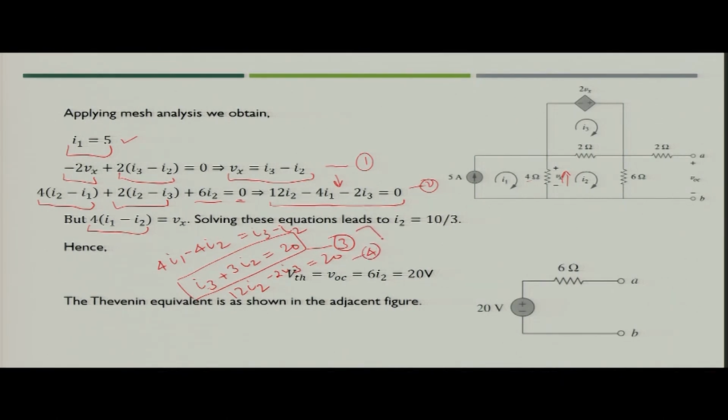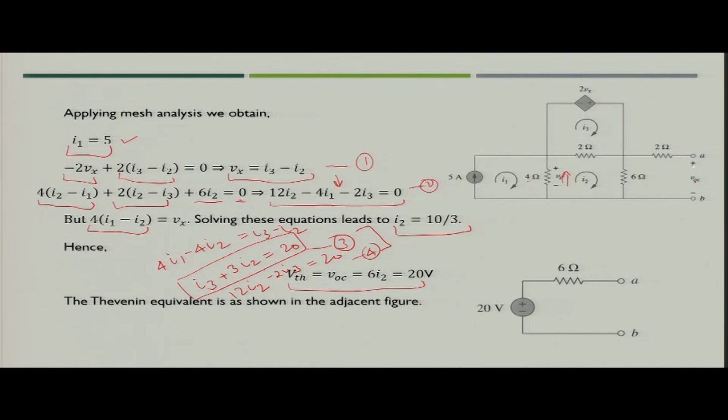Now, you have these two equations where the only unknowns are I2 and I3. You can simply solve, and finally you get the value of I2 as 10 by 3 ampere. Now that you have the value of I2, how do you get VTH?